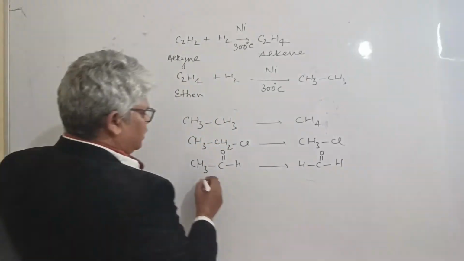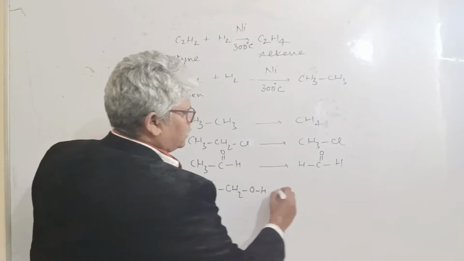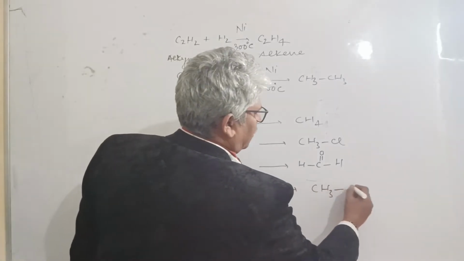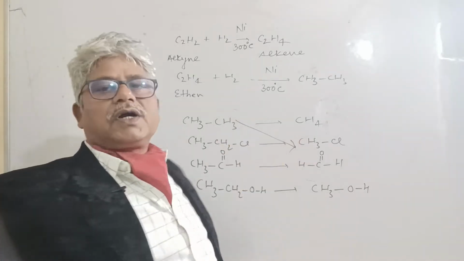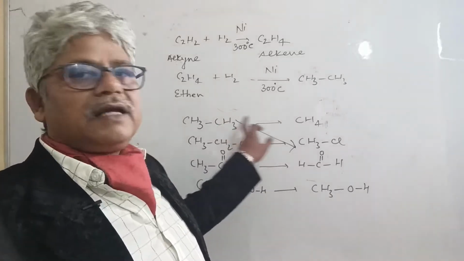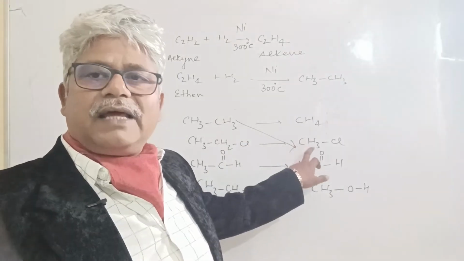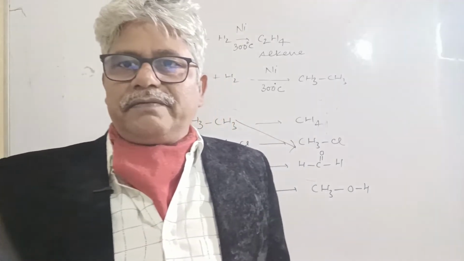Next can be ethanol to methanol, or this way. The concept remains same. Alkane can be decreased to one carbon and then can be made to undergo free radical substitution reaction to give chlorine.